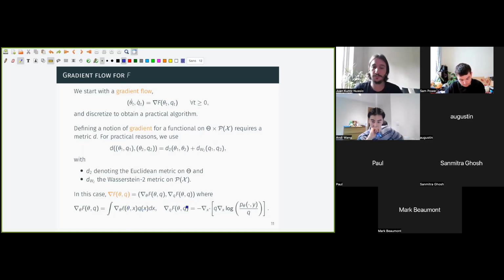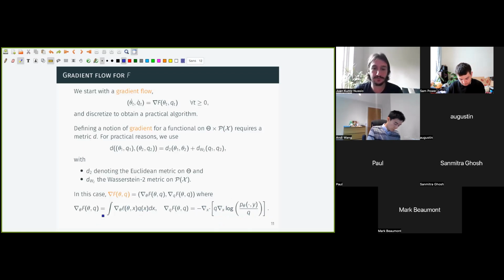And as for the q component, if you look at it, it reads like this thing here, which looks like the right-hand side of a Fokker-Planck equation. And you can also just view this as a signed density that will tell you how to move your entire density. In particular, if you integrate this over x, you get 0. Right? So this thing moves you in directions where you preserve the mass of the probability distribution.